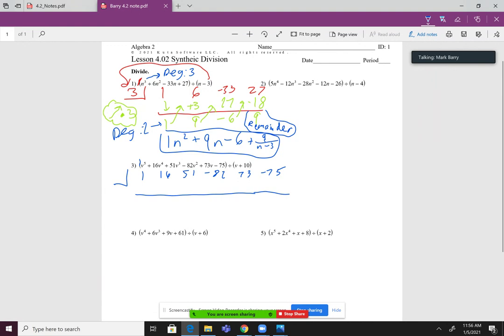In the cupboard here, I have negative 10. Why is it negative 10? Well, remember, it's always the opposite of the number that's inside there, okay? The thing you're dividing by, you have to switch the sign. So if it's v plus 10, we put negative 10 in the cupboard.